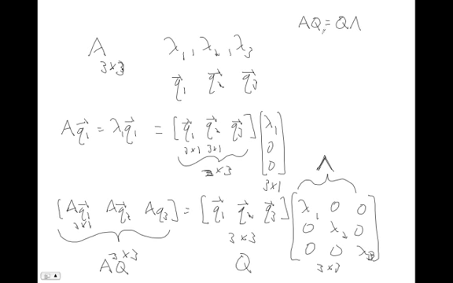And because Q is invertible, I can multiply both sides by Q inverse like this. Q inverse A Q equals Q inverse Q lambda. And then these become the identity matrix. So I've now solved for lambda equals Q inverse A Q. Think of what we've done here.